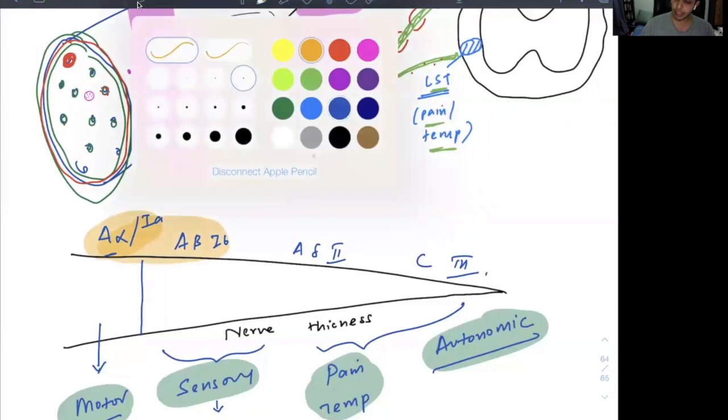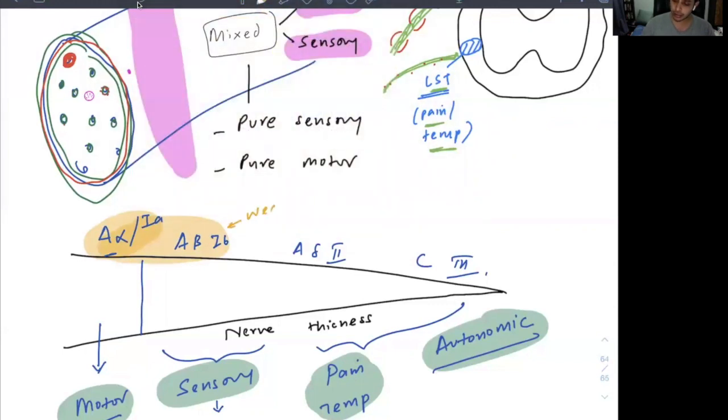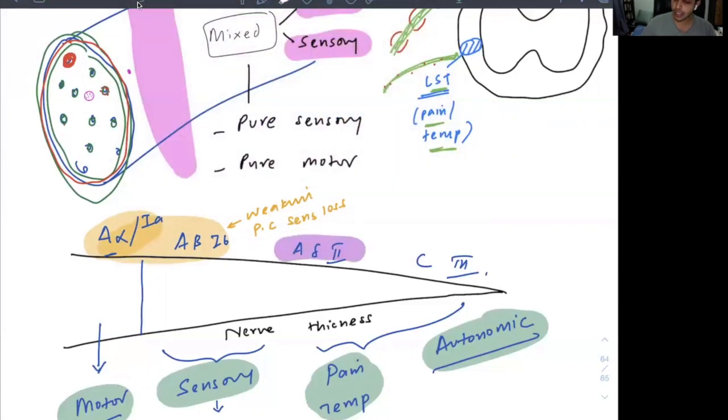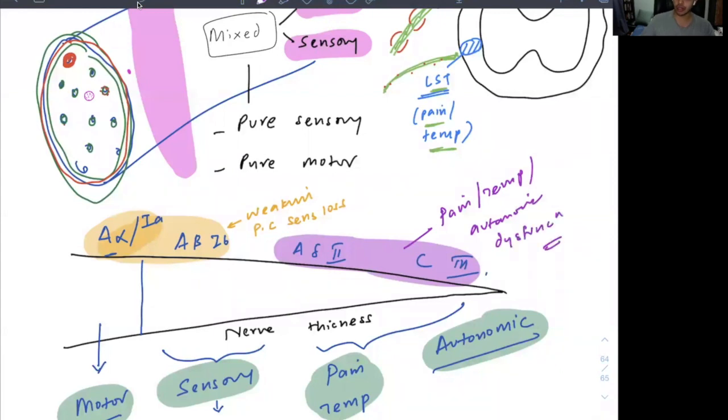Then you will have a patient who comes only with weakness and posterior column sensory loss. And suppose you have a disease that only affects small fibers, then the patient will come with only pain, temperature, and autonomic dysfunction. Okay, so this is why it's important to know which nerve fiber does what role.